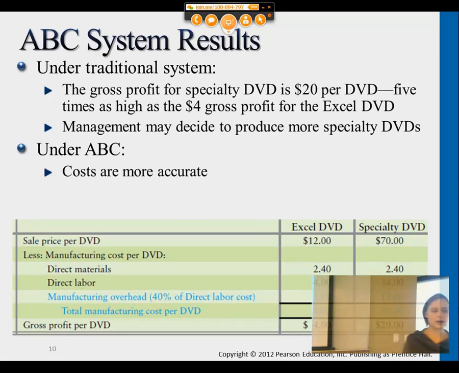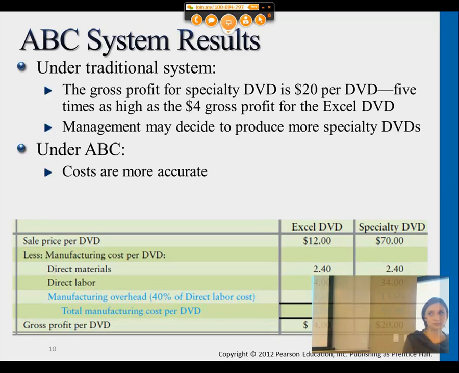we have our specialty DVD at $20 per DVD. Okay, that's my profit, what I'm making of it, right? So they say that it's 5 times as high as the $4 gross profit for the Excel DVD. So under this system, my management is going to make a decision. They're going to say, well, let's produce more specialty DVD. Why are they going to do that?